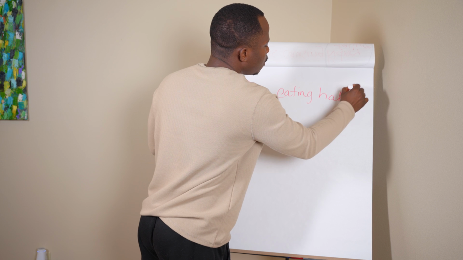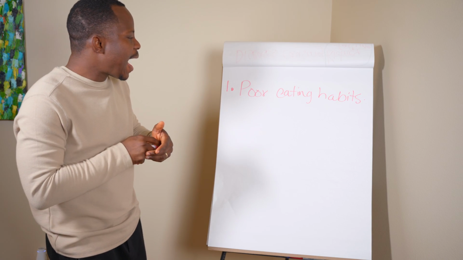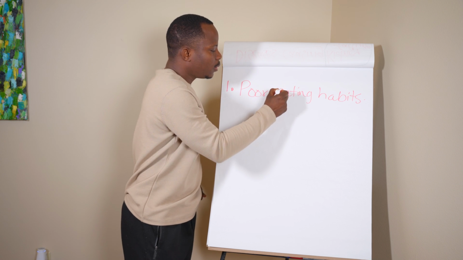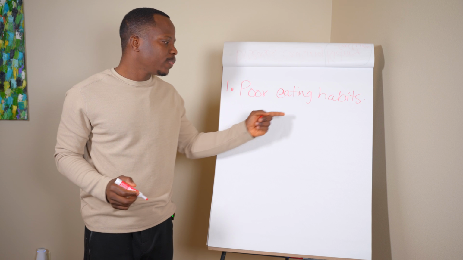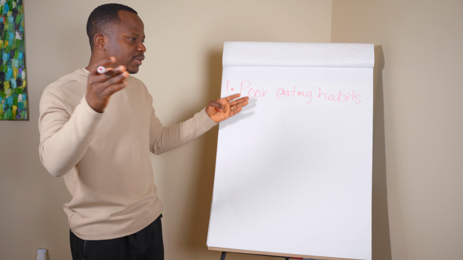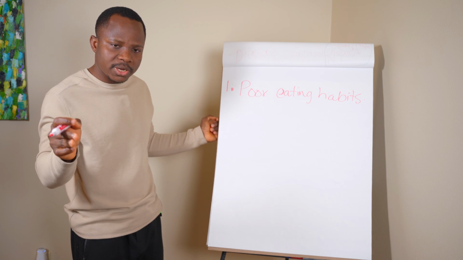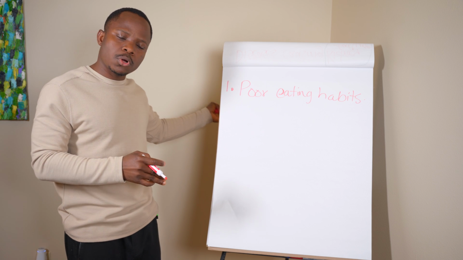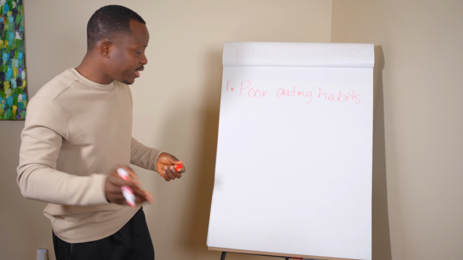Okay, now a lot of people eat foods that are high in things like cholesterol, fat, that end up building your cholesterol. And like I said, that is going to increase your risk of developing hypertension or high cholesterol, which is going to cause you to have reduced blood supply to the kidneys, and then you have kidney failure.